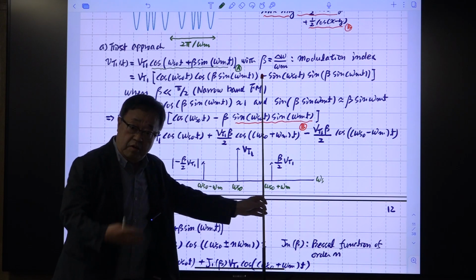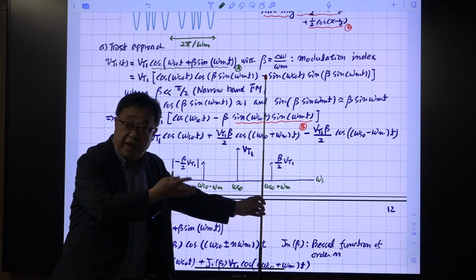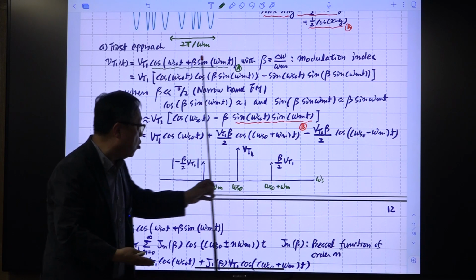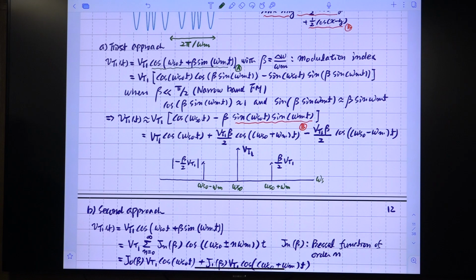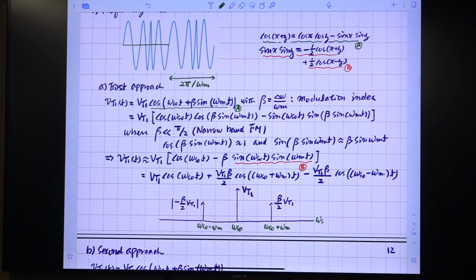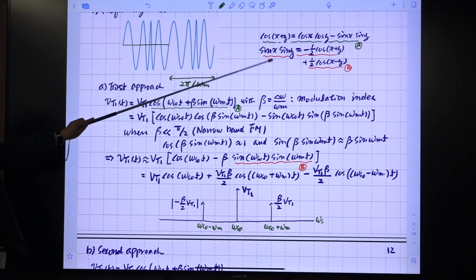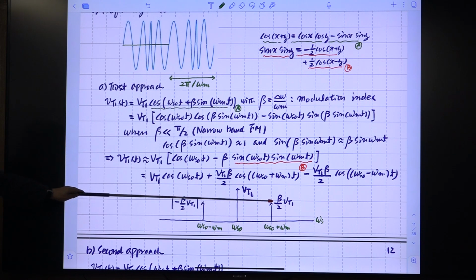This is called the upper sideband, lower sideband. So we only consider three components here because of this one. Okay? This is one approach. So to approximate this complicated expression, we just use this, taken from high school mathematics. We come up with this.